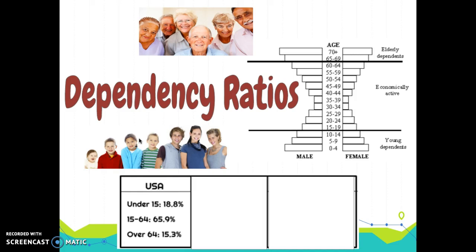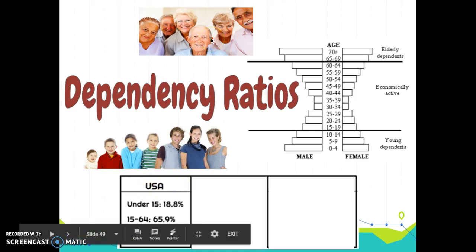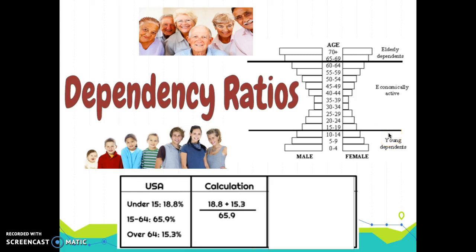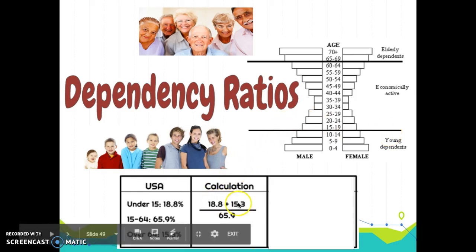But before we move on into talking about that, let's talk about how to find it. This equation isn't super important for you, but I just want you to be familiar with it. So you can see I have all my data down here for the United States. And how you're going to calculate a dependency ratio is you are going to add the two dependents percentages. So this is the youth dependency, this is the elderly dependency, and you are going to divide it by the economically productive percentage, right?